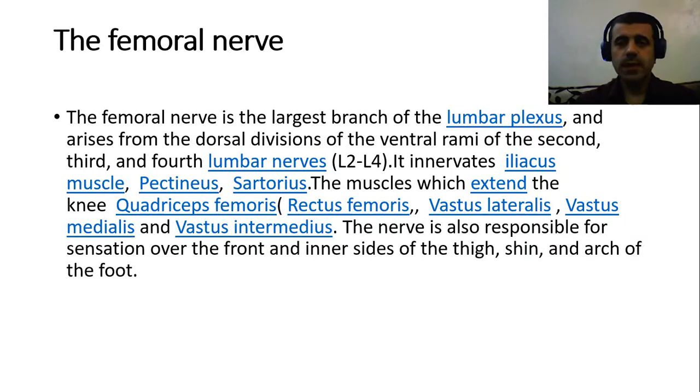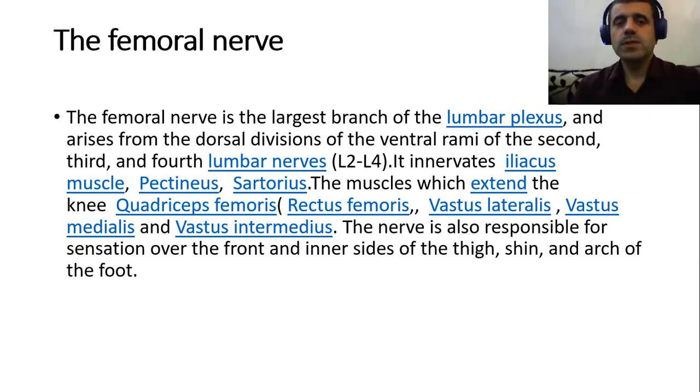If you remember, the lumbar plexus, or lumbosacral plexus, is one of the plexuses present at the start of the upper limbs and the lower limbs, where the nerves and nerve fibers are intermingled with each other, and then they distribute through the peripheral nerves to the upper limbs and to the lower limbs.